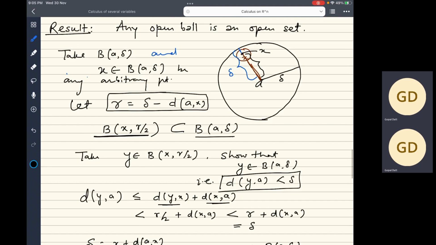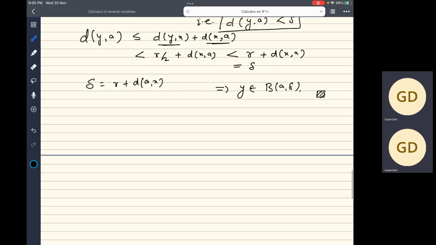We also define the boundary of an open set, or the boundary of any set. What is the boundary of a set omega in Rn? How do we define a boundary of a set?